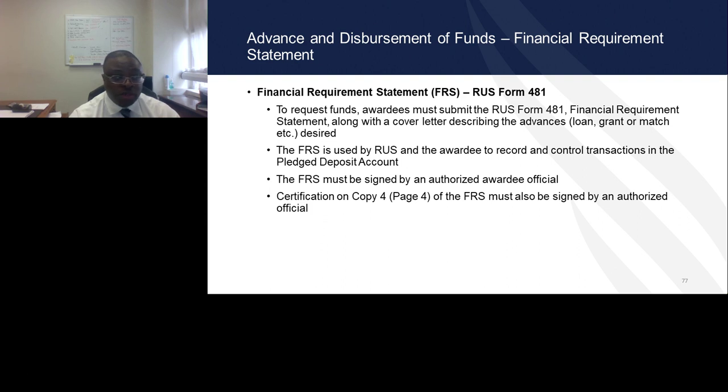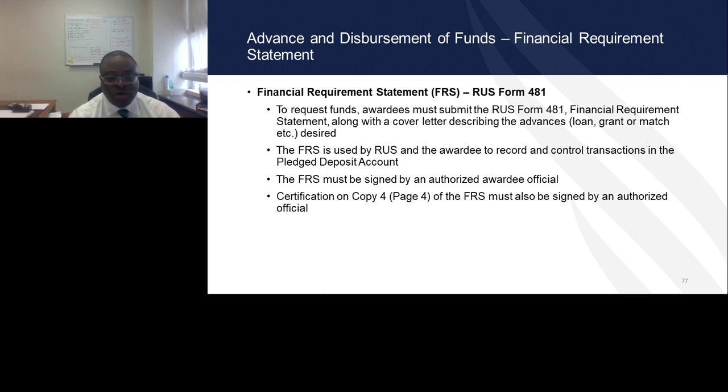The 481 is on our website, and we ask that all awardees attach a cover letter describing the type of funds they are requesting and how much of each: how much of loan funds and grant funds in the case of a 50-50, and when you have a grant, how much of grant funds and how much of the matching funds. In any case, this FRS must be signed by an authorized official.